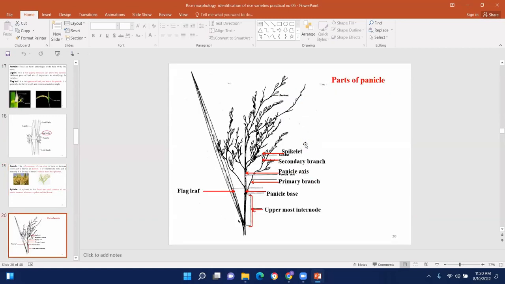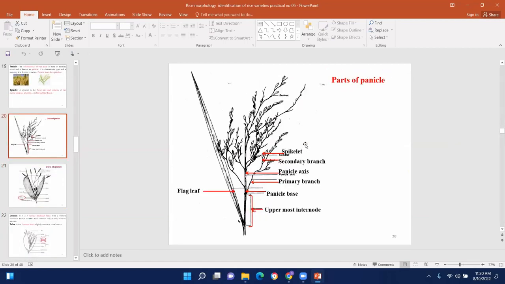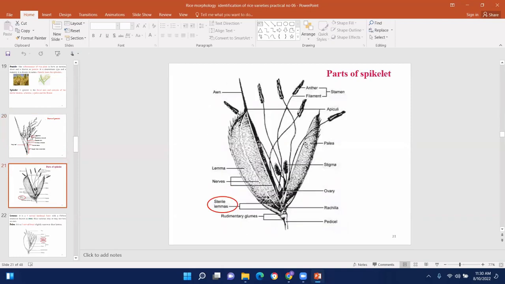I want to show lemma and palea. Okay, here we will see. This is one of the paddy crops, now during the reproductive stage. Okay, this is a crown.